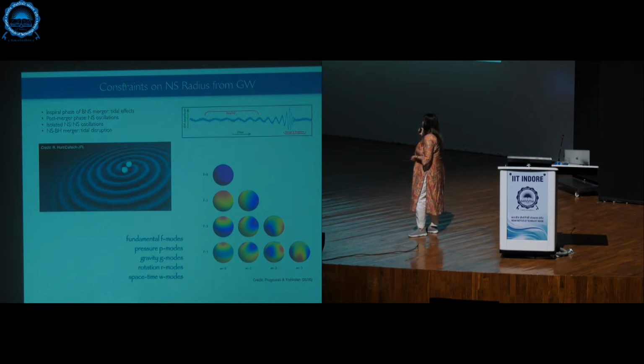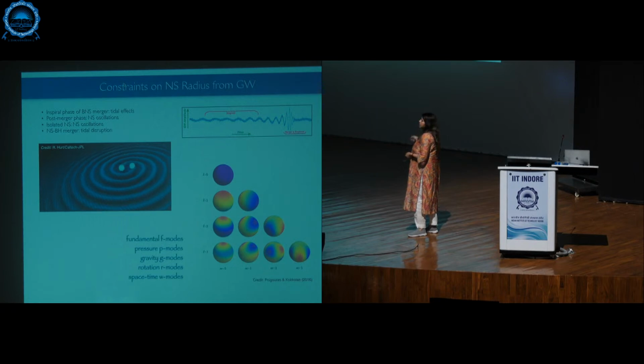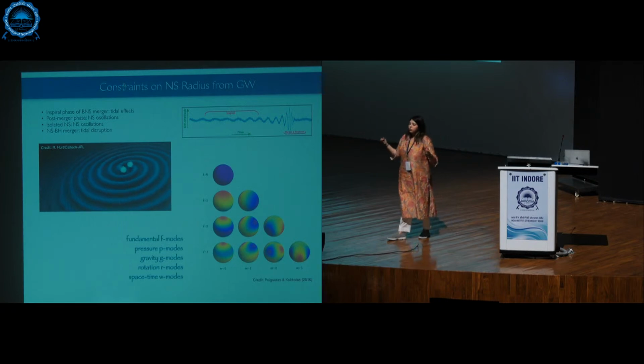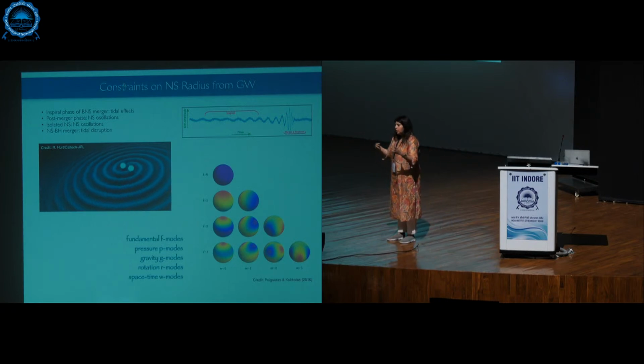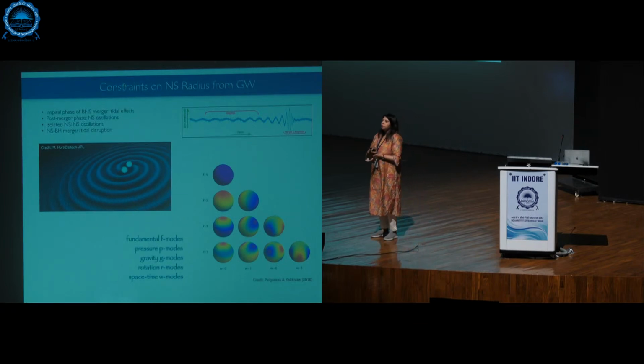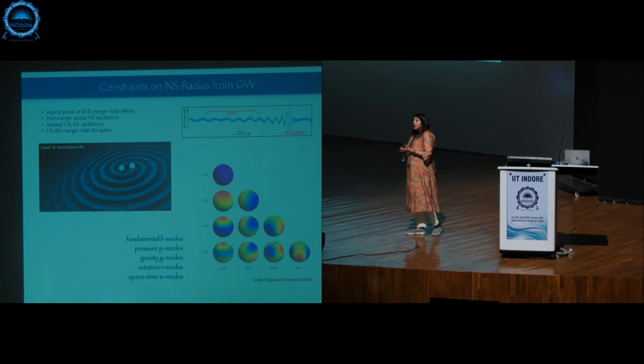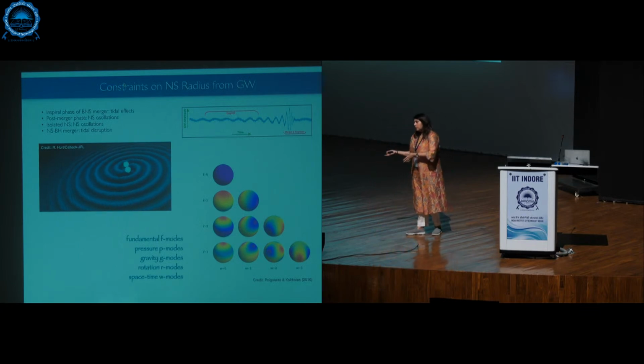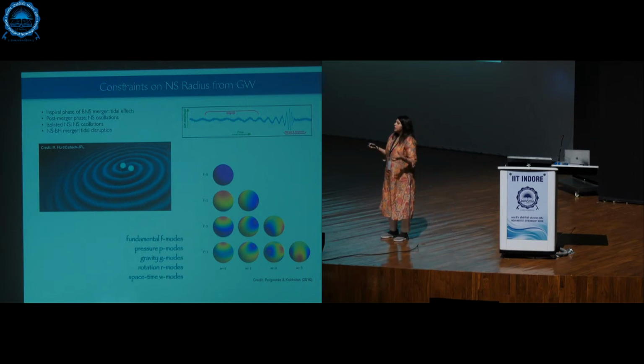We also expect that in the post-merger phase, after the merger, there is a phase where the neutron stars collide, so they merge and then they form a metastable object which could promptly collapse to a black hole, or it could be an object that lives longer as a neutron star, and it all depends on the underlying equation of state.